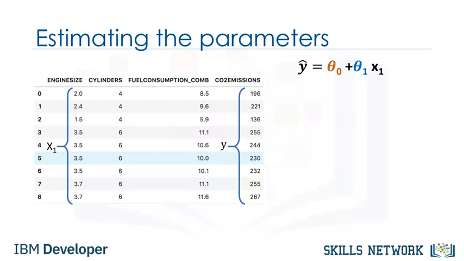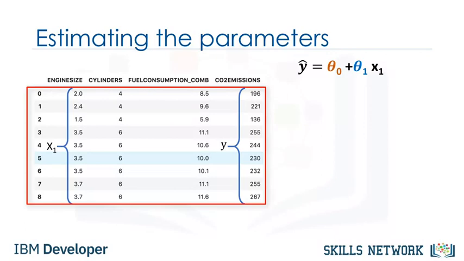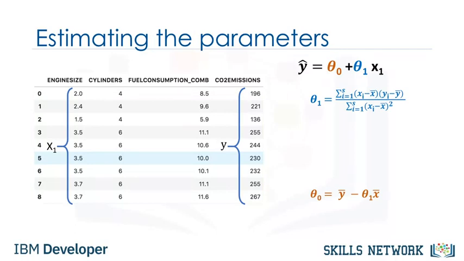It requires that we calculate the mean of the independent and dependent, or target columns, from the data set. Notice that all of the data must be available to traverse and calculate the parameters. It can be shown that the intercept and slope can be calculated using these equations.